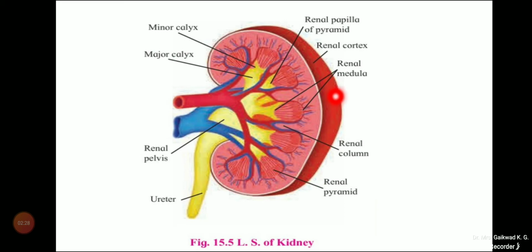The function of this renal capsule is that it acts as a barrier against the spread of infection of the kidney. If by any means the kidney gets infected, then by means of this renal capsule that infection does not spread to the other organs in the body.